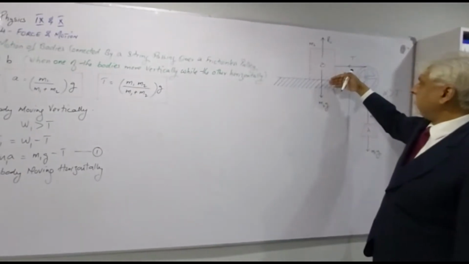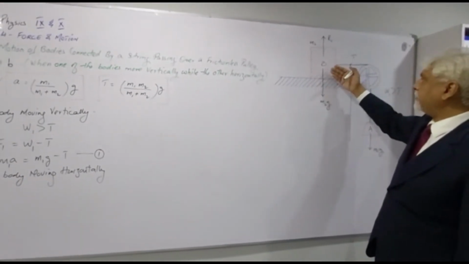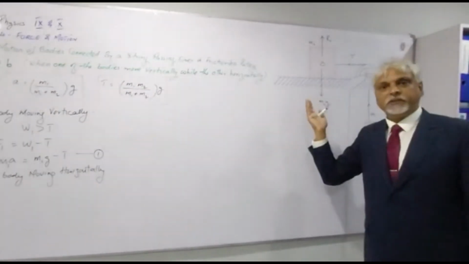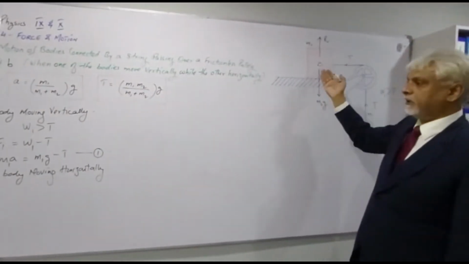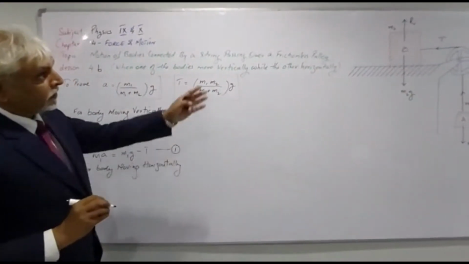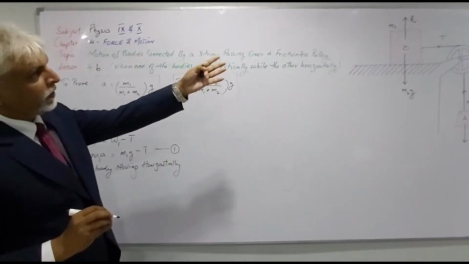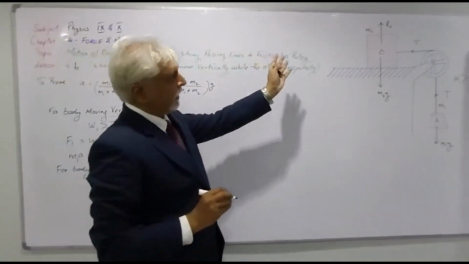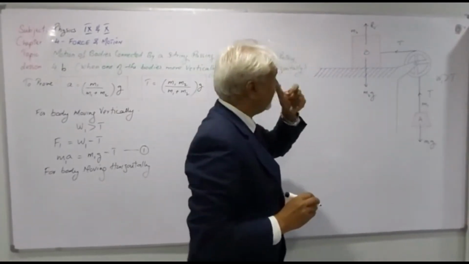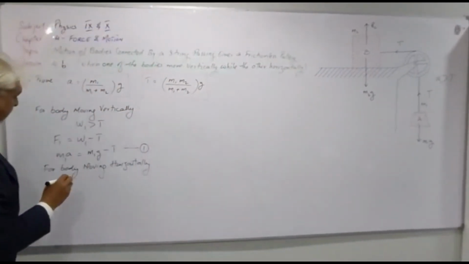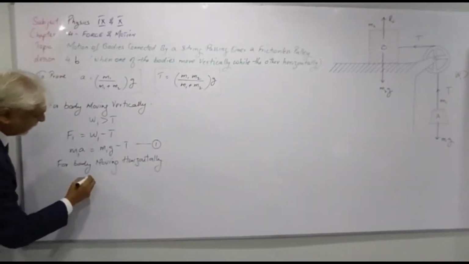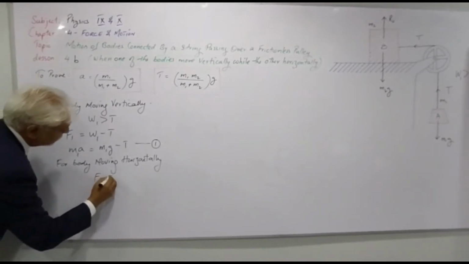Here I can write the tension that is acting on it, and if the body is accelerating, then obviously the tension equals the force. Since we are discussing body 2, that would be force equals tension.